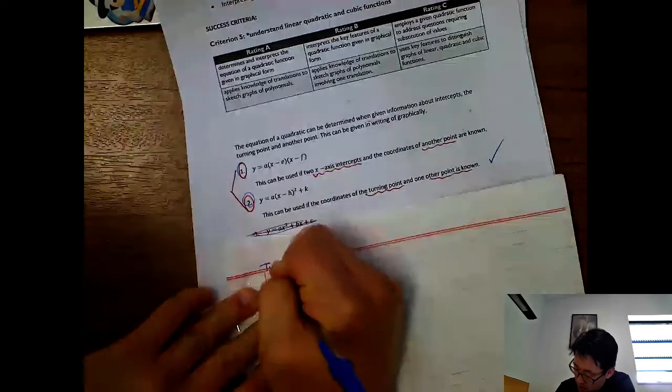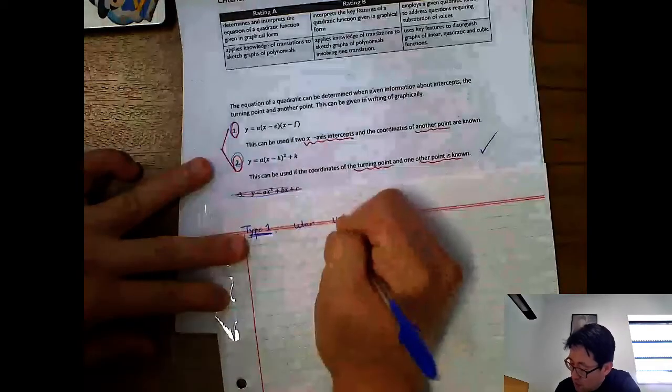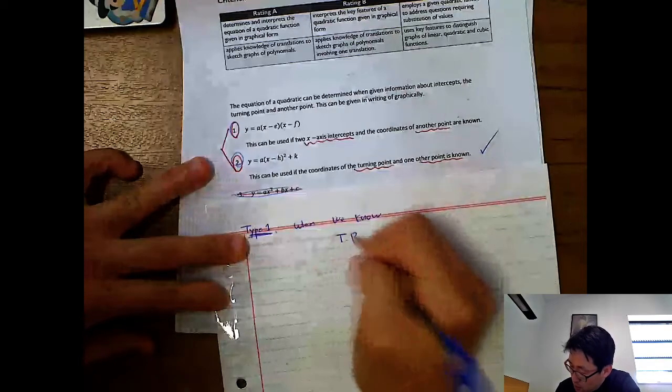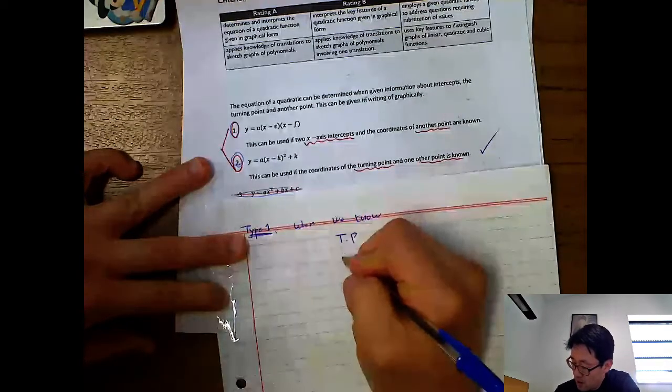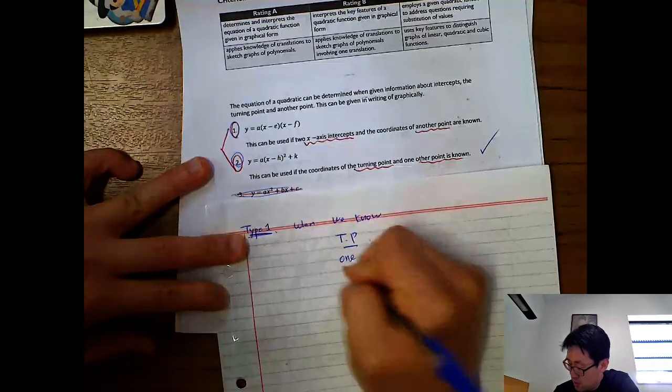Write down the topic, and then write down topic 1, type 1. When we know the turning point and 1 point, okay?